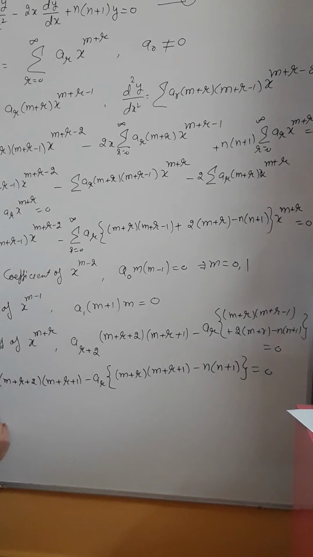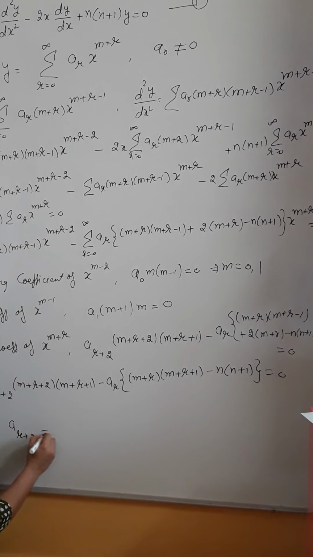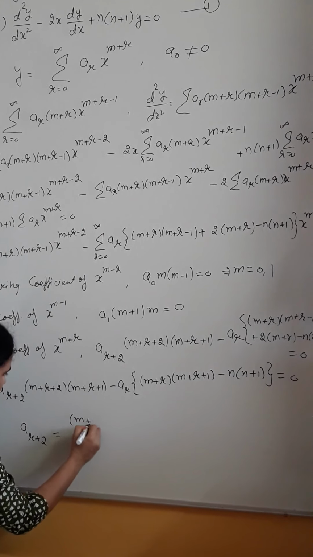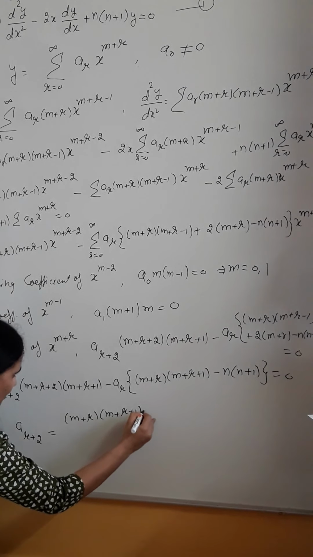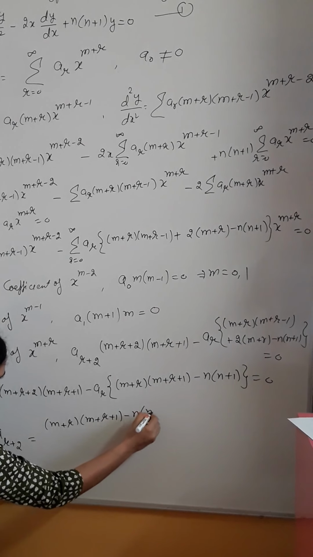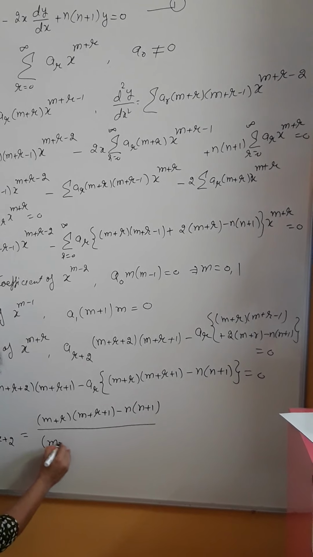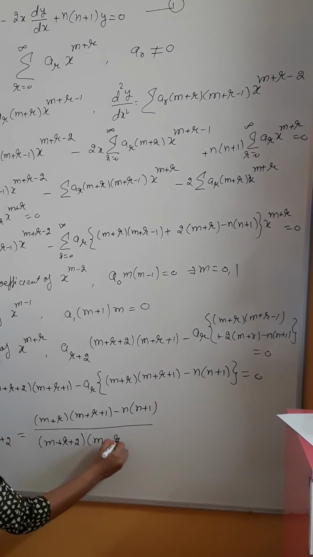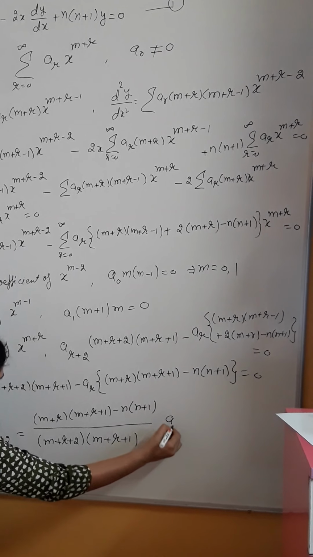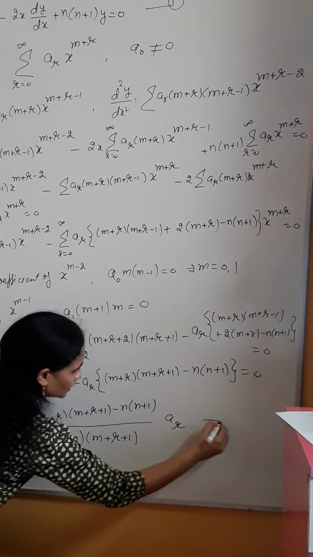So finally we get the recurrence relation: a r plus 2 is equal to m plus r, m plus r plus 1 minus n plus 1, divided by m plus r plus 2, m plus r plus 1, multiplied with a r. Say this is equation number 3.